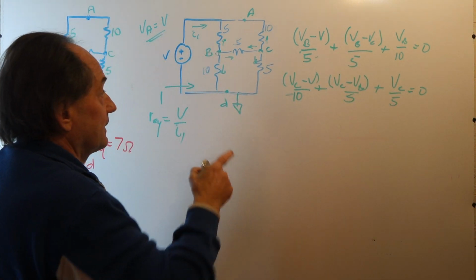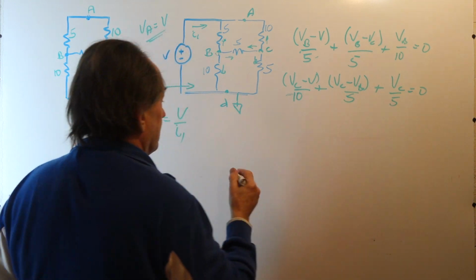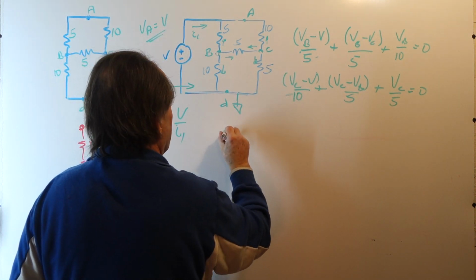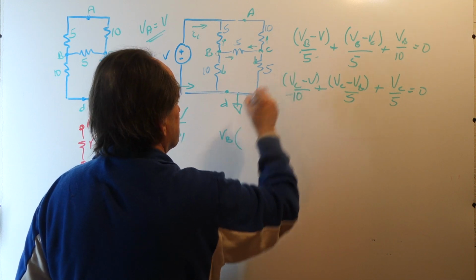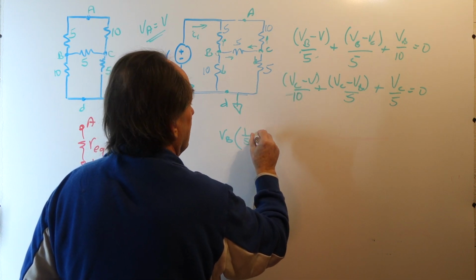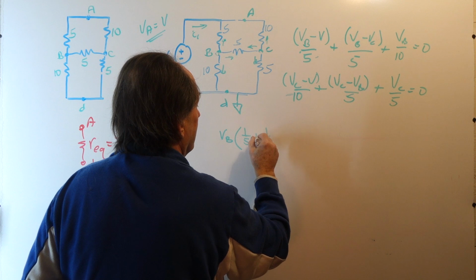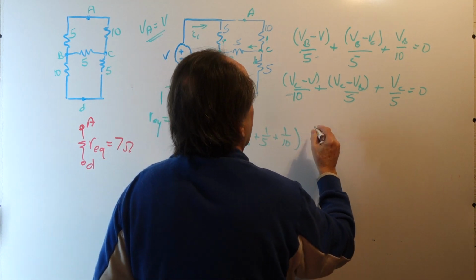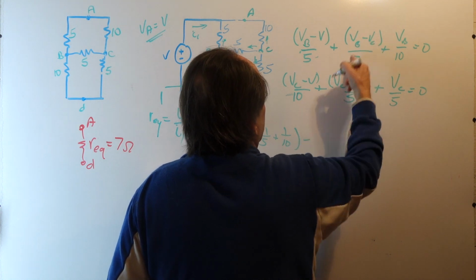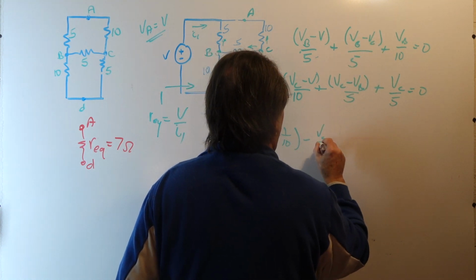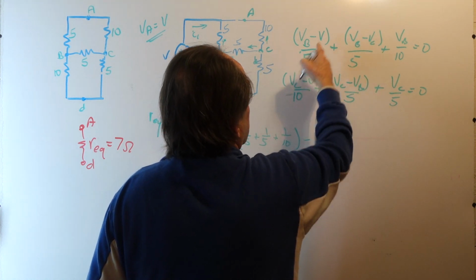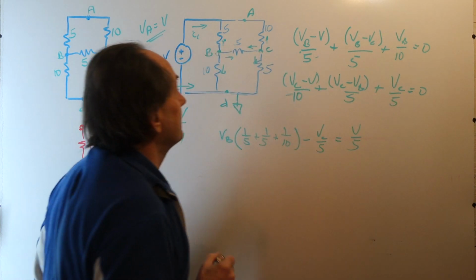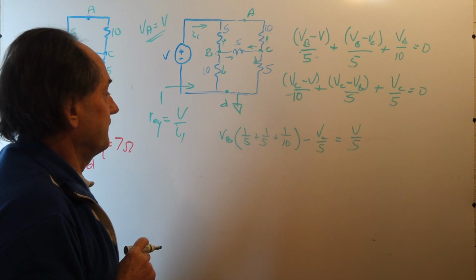Now we can combine like terms. So in the first equation for my VB's, I have VB times 1 over 5 plus 1 over 5 plus 1 over 10, minus VC over 5, and then we have minus V over 5, which I'll put on the right side as a positive V over 5.